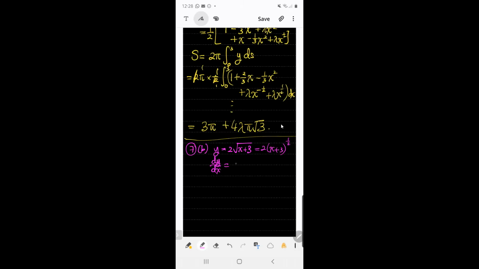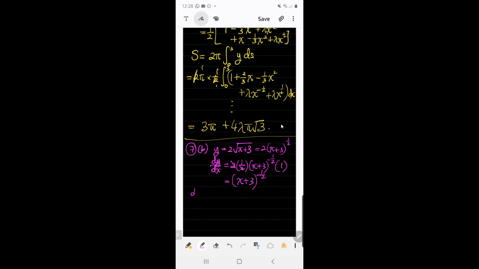So you have 2 times half, followed by (x plus 3) to the power of negative half, followed by the differentiation of the bracket. But the differentiation of the bracket is 1, so it's okay. So cancel the 2, cancel the 2. So you have the expression (x plus 3) to the power of negative half.